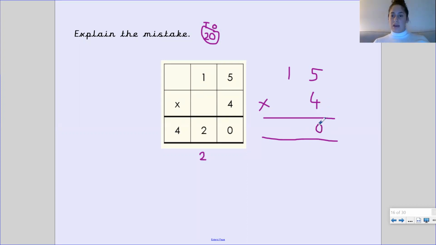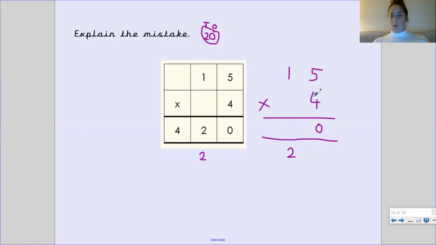We keep the ones there and we exchange the tens into the tens column, but we have to write it below. We haven't gotten to multiplying the tens column yet, so my tens slot needs to be empty. Then I get to multiply my tens. 4 times 10 equals 40.